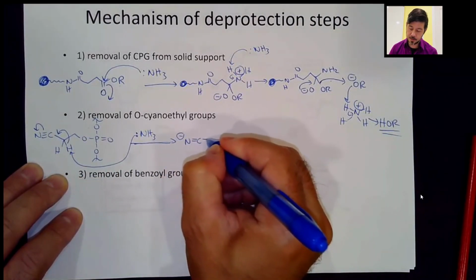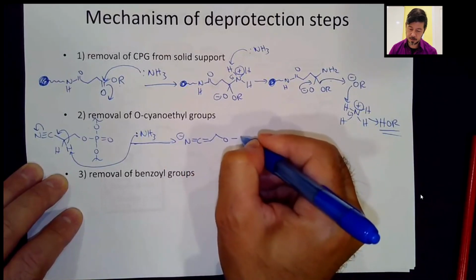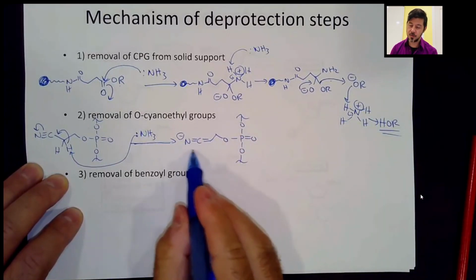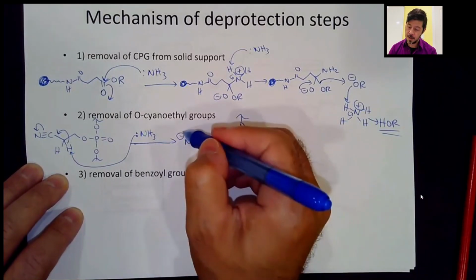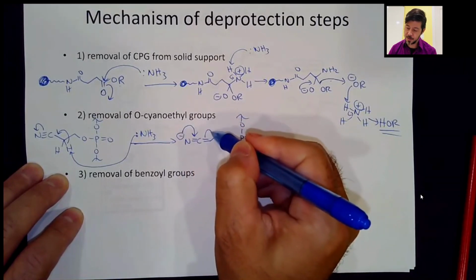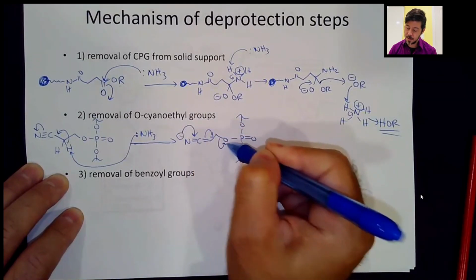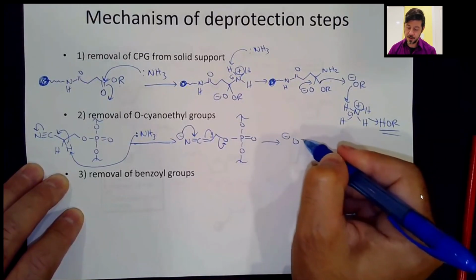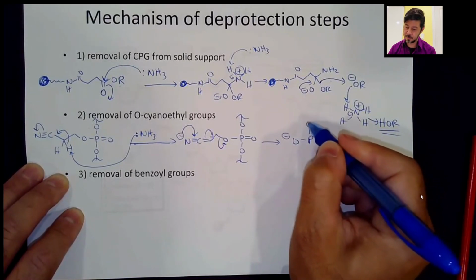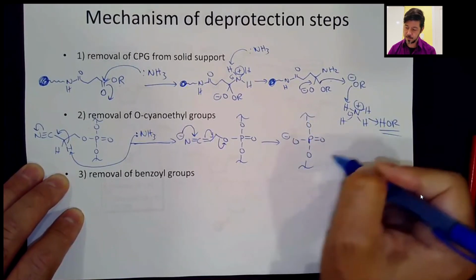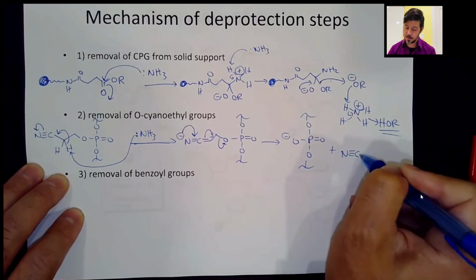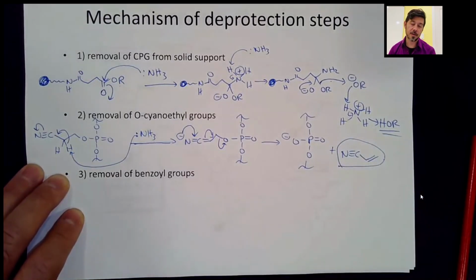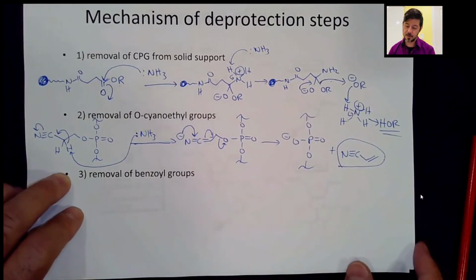If you do that, you generate this intermediate like I've shown, and then the electrons will come back, form a double bond here, and you'll break this carbon-oxygen bond to give you your desired phosphate without the protecting group. Your byproduct is this molecule here, which is small and volatile, so this will come off under reduced pressure.